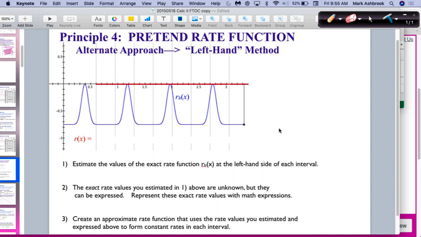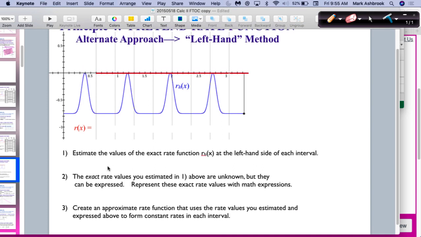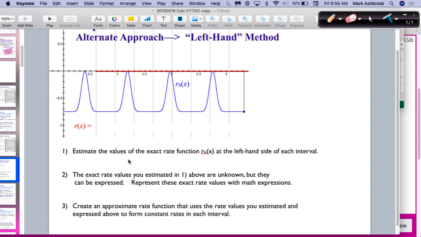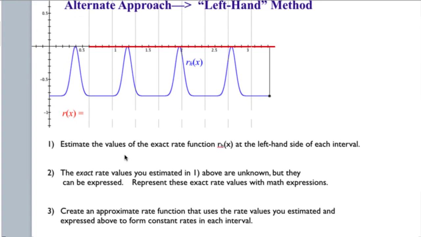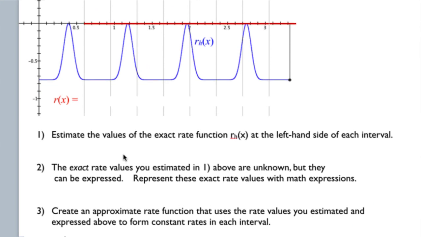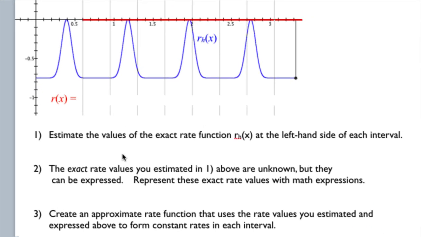So what I want you to do is estimate the values of the exact rate function, that's the blue graph, at the left side of every interval. So here I'm asking for numbers. You're eyeballing the numbers for the exact rate at the left side of every interval, and then compare with the person next to you to make sure you're on the right track. Then your second task: there are 8 of those numbers.